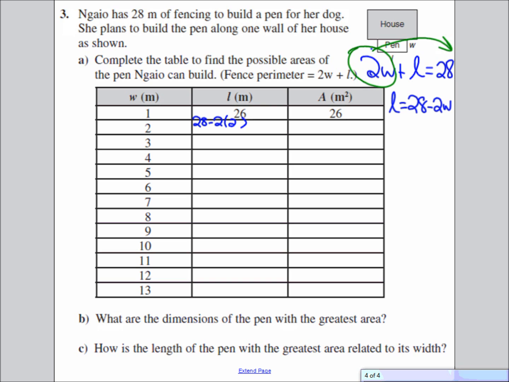Yep. So I'm going to hit equal, and it's going to be 28 minus 4, so it's going to be 24. Everyone agree? Okay, now area is length times width, right? So I have my width, I have my length. I'm going to go length times width, so I am now, 48?